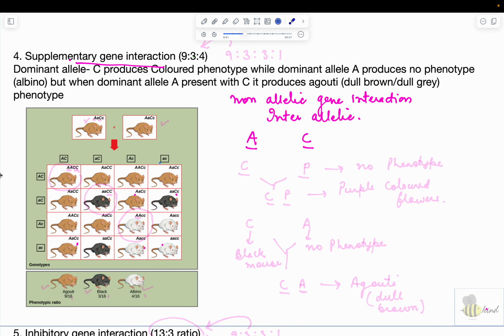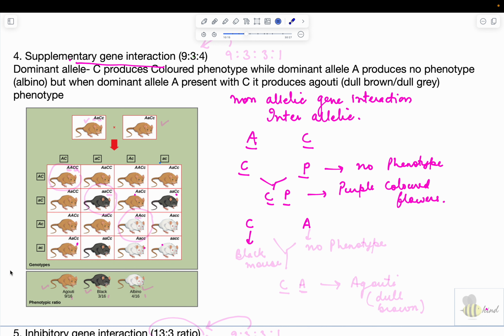In complementary gene interaction, there were two dominant alleles which had no phenotype alone, but when these two dominant alleles were together, they produced a phenotype, which was purple color flowers, right? Now in supplementary gene interaction, there are two dominant alleles.